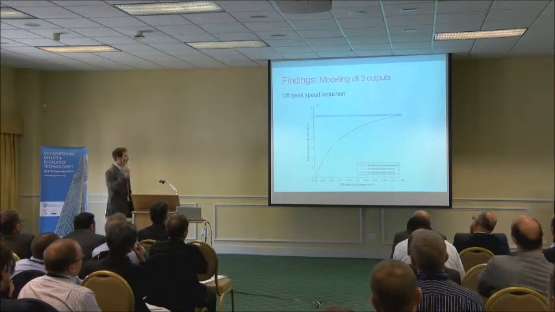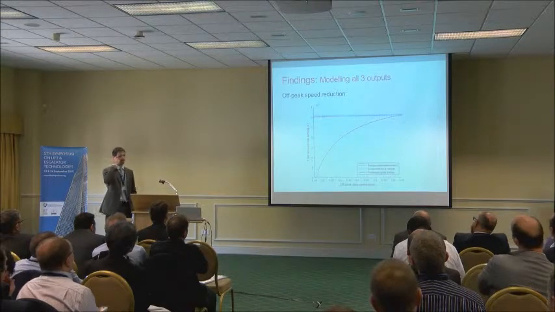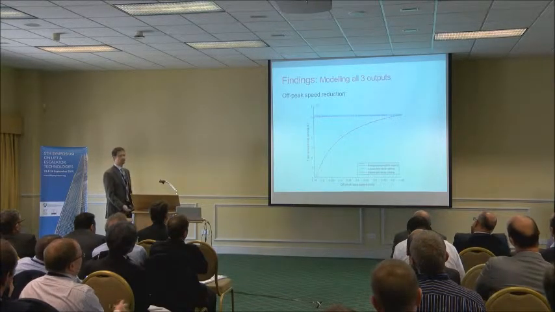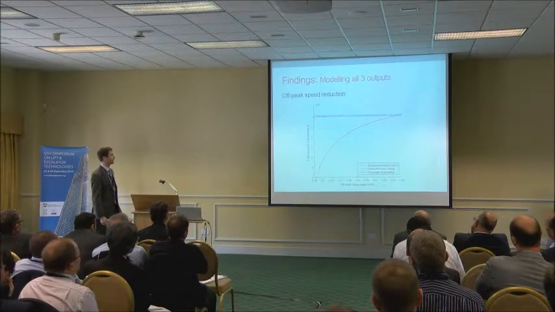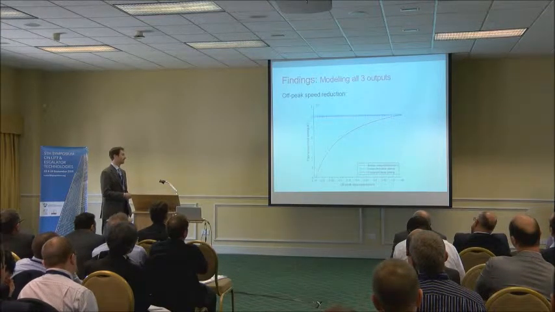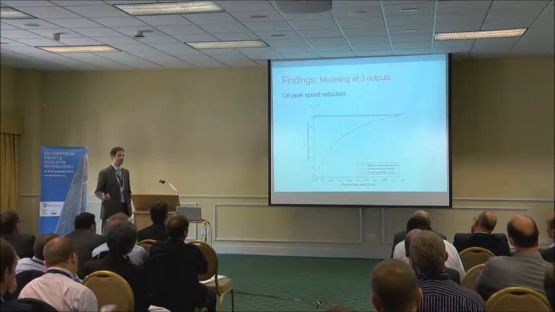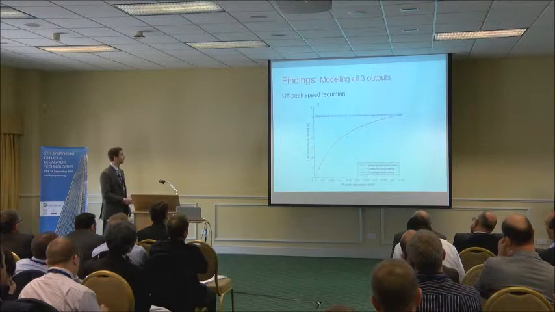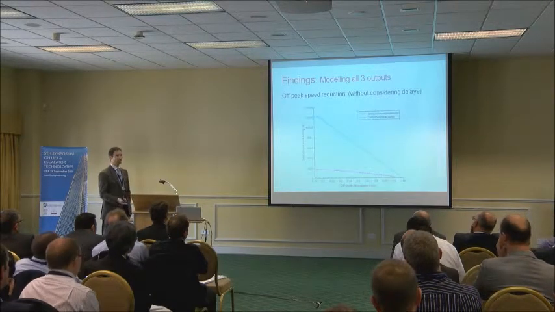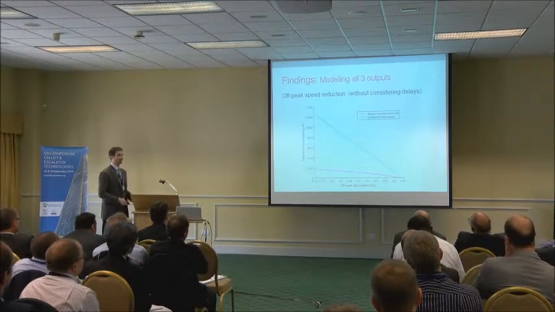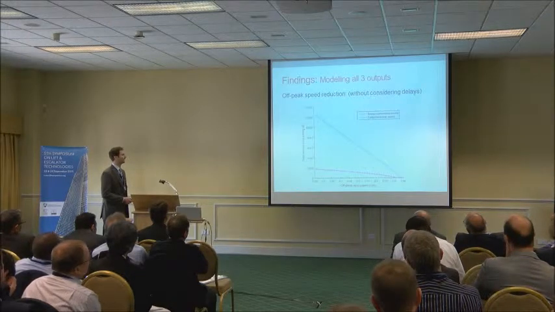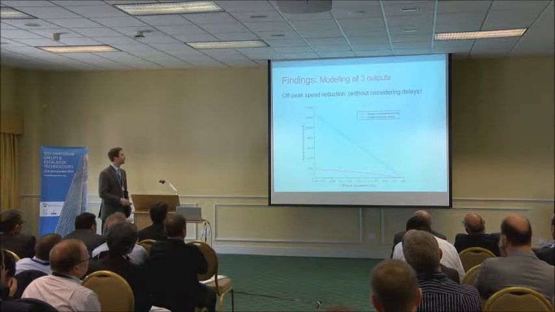This shows you what actually happens if you consider the passenger delays. So there's an inverse proportional relationship between your speed reduction and delays, which completely outweigh any savings you could possibly get.